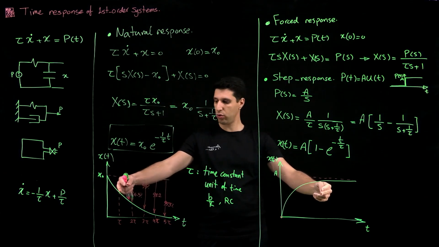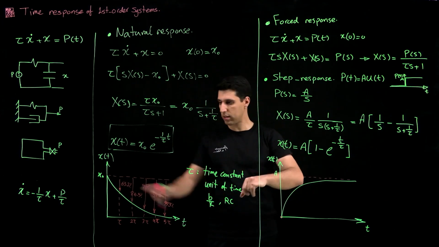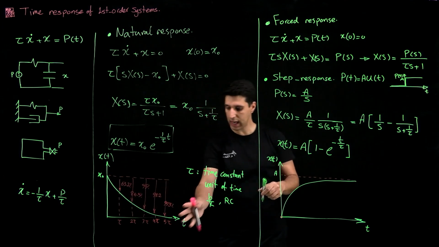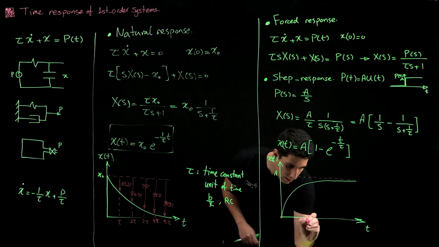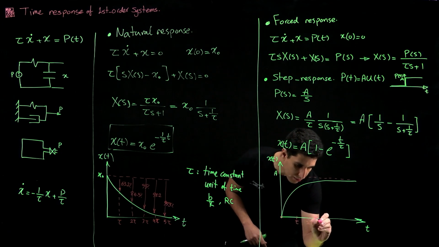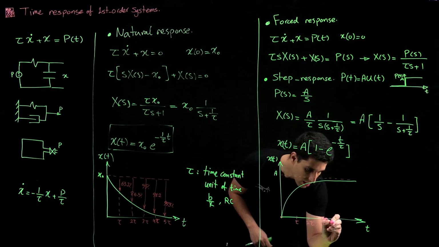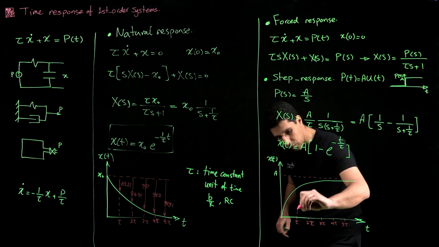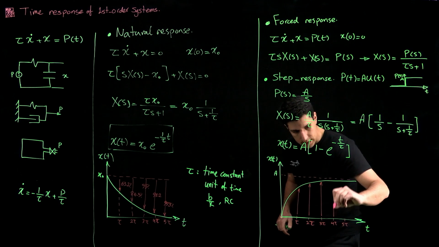And comparing these two, essentially this one is flipped and maybe scaled. Instead of having the height x naught, now it is reaching A, and the same argument holds. So after a few time constants, 3 tau, 4 tau, 5 tau, I will rise with the same proportions.